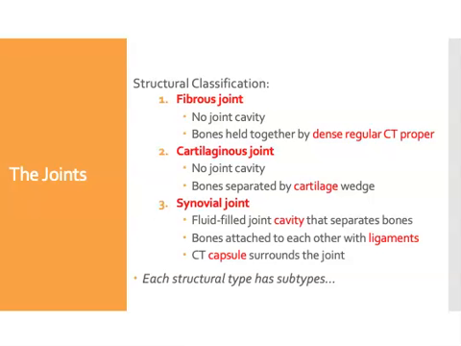Remember, the difference between a tendon and a ligament is that a tendon attaches muscle to bone, and a ligament attaches bone to bone. Now, in a synovial joint, there will be a capsule that surrounds the entirety of the joint. Now, within these three structural categories, there are subtypes of joints, and we'll look at those next.